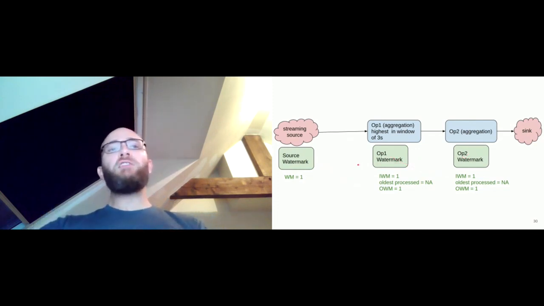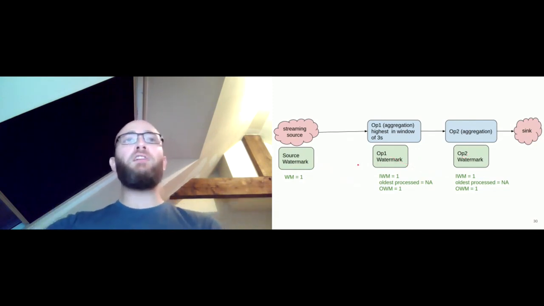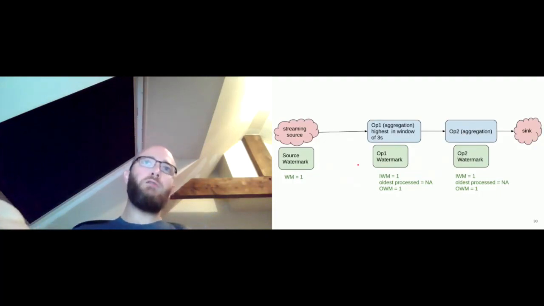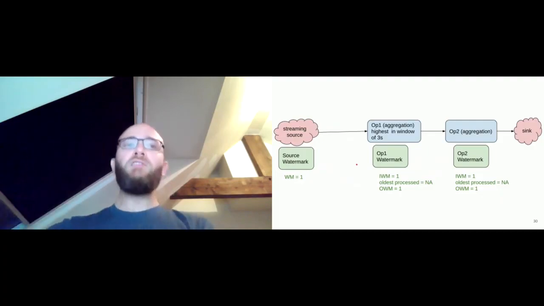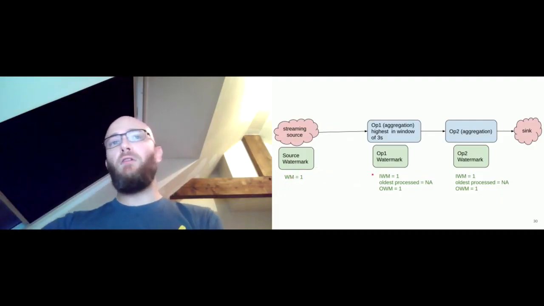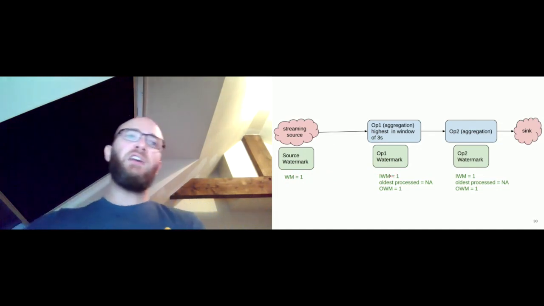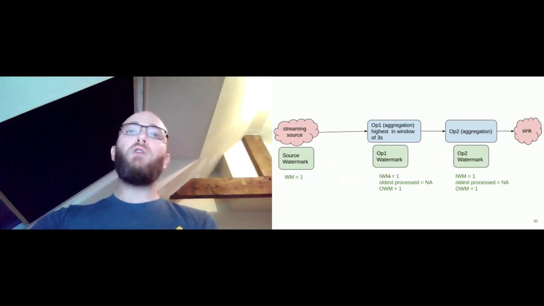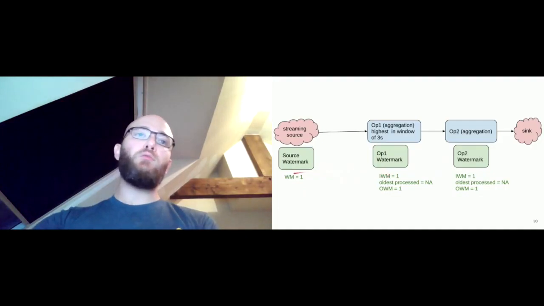And also, let's say that the source at some point says that the watermark is 1, meaning that we should not receive an element older than timestamp 1. This watermark gets propagated through the operations, like I said. So the input watermark of operation 1 is the output watermark of the previous step, so it's 1.